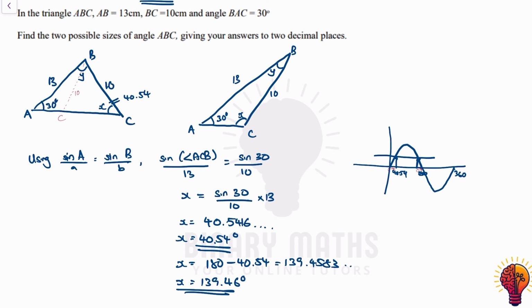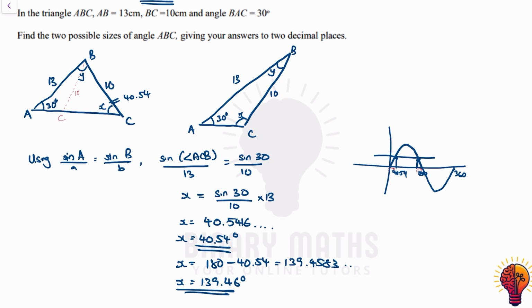So those are my values for X. If I want to find my values for Y, because angles in a triangle add up to 180, one of my solutions must be Y is equal to 180 take away 30 take away 40.54, which gives me a value of 109.46.